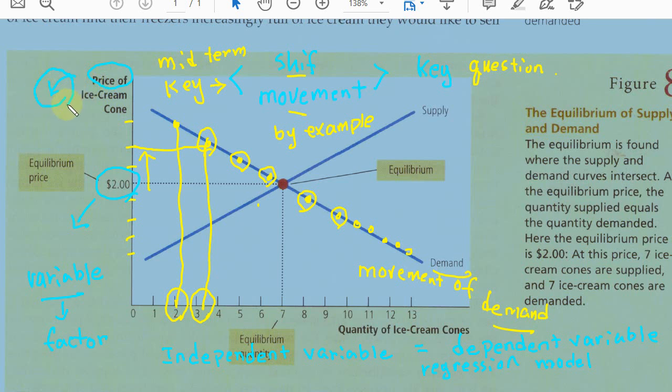Once the factor visible in this graph influences the demand line or supply line, in this case we call it movement of demand or movement of supply. Keep in mind, movement in this case.